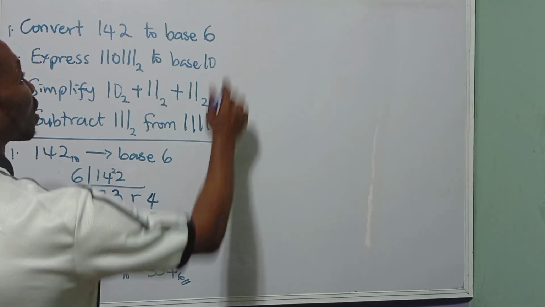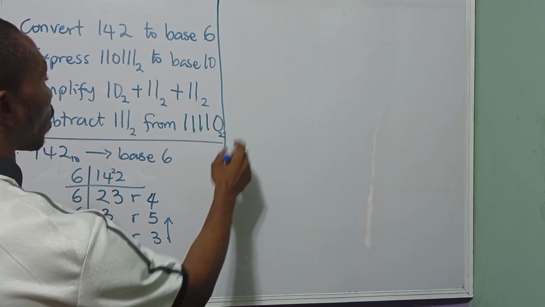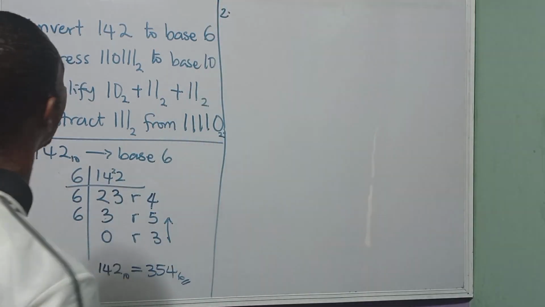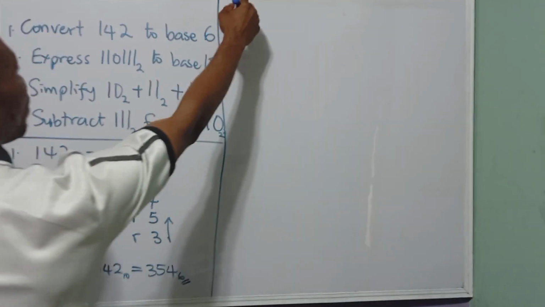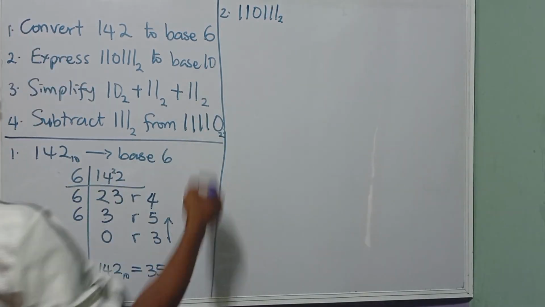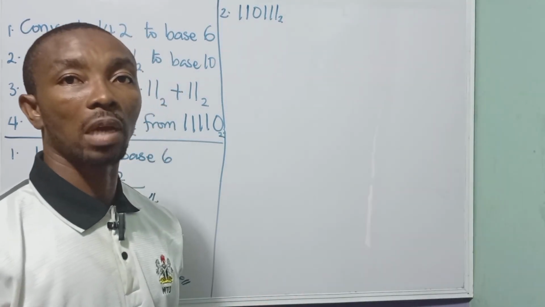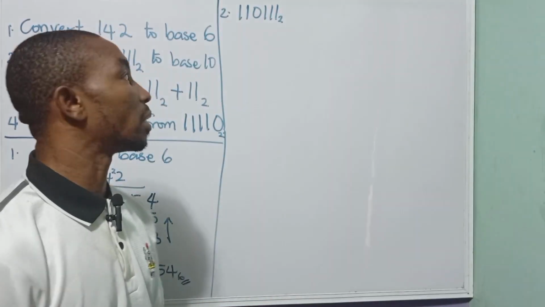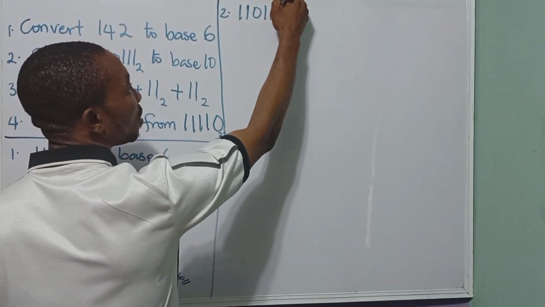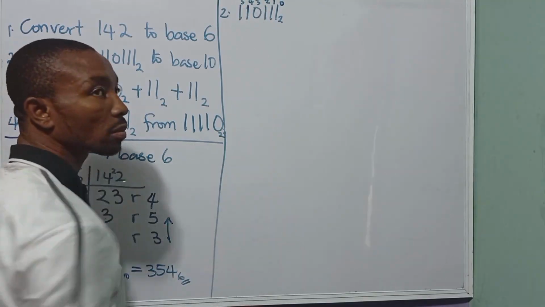Now, to our second question, it says, express 110111 base 2 to base 10. Now, in expressing to base 10, we are going to use our expansion method. That means we will number this 0, 1, 2, 3, 4, 5.